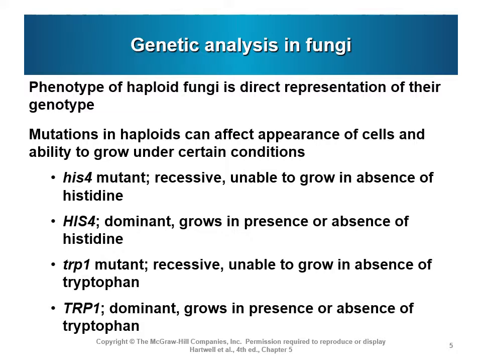Because it is recessive, the haploid cell that contains the mutation will not grow, the other haploid cell, without the mutation, will grow, and the diploids will still grow because it's a recessive gene. The same situation holds with the tryptophan 1 mutation: the haploid containing the mutation will not grow, the one not containing the mutation will grow, and the diploids will grow because it's a recessive mutation.